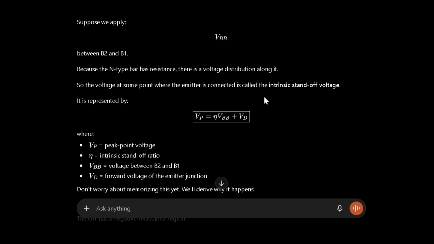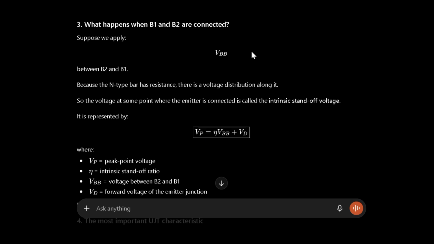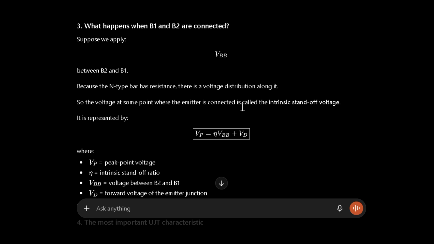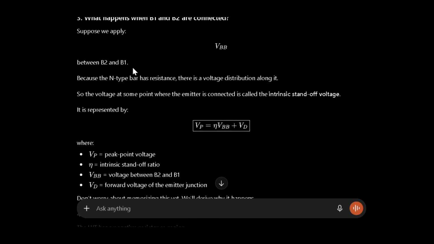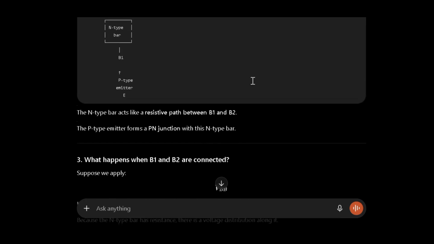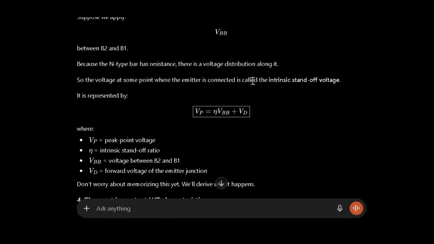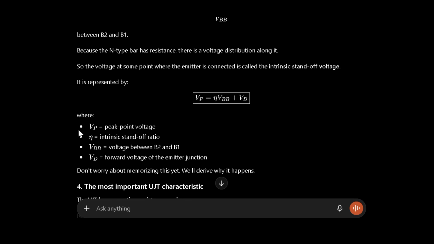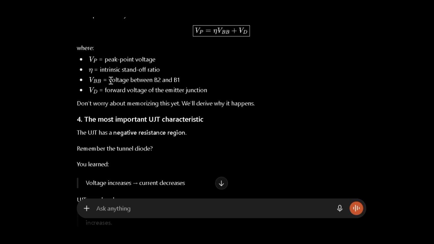Let's say B1 is connected to plus 10 volts and B2 is connected to 0 volts, like the connection of a battery, with the plus terminal at B1 and the minus terminal at B2.